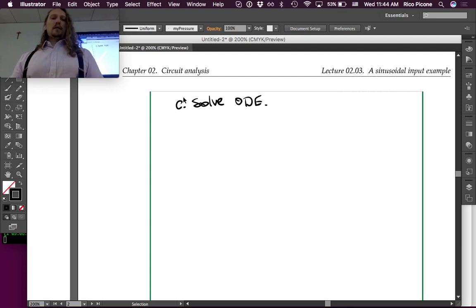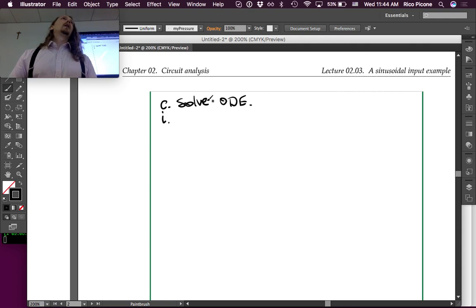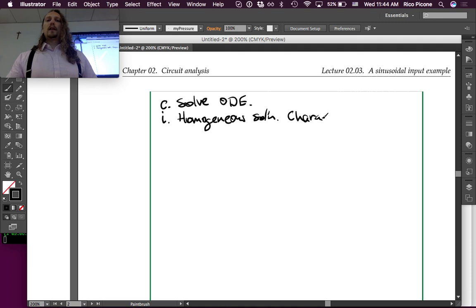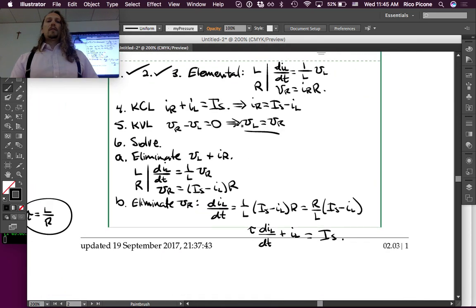So we'll break that down, and we'll do step 1, homogeneous solution, right? We start with the characteristic equation, which is tau times, oh, there's a time derivative, but it's only first order, so lambda, tau lambda plus 1, right?